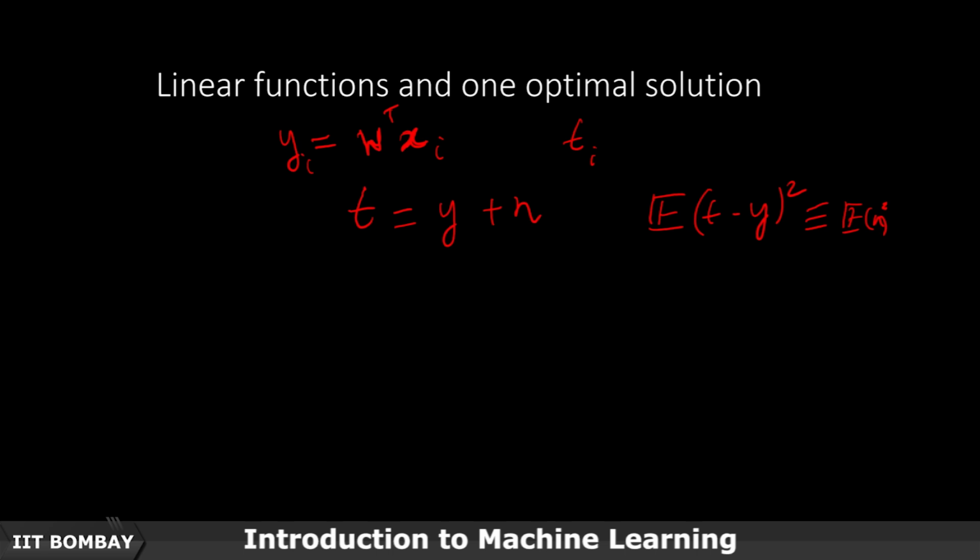Now let's assume that this noise has a particular distribution. Let's assume that this noise is drawn from a Gaussian distribution. For the Gaussian distribution, we'll write this stylized N, and the mean will be 0, and we will have some variance, which we will call sigma squared.